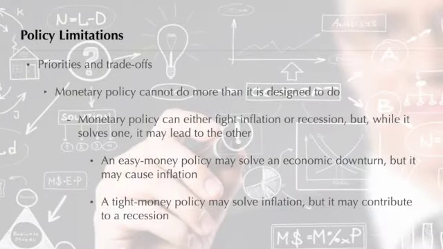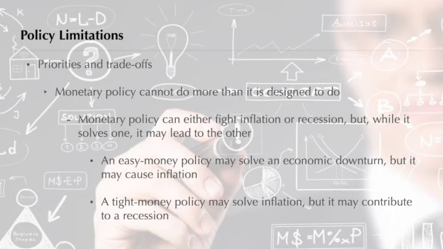A third limitation on monetary policy is that it cannot do more than it is designed to do. Monetary policy is designed primarily to fight either inflation or recession. In some cases, certain economic policies used to remedy one problem may make another problem worse.